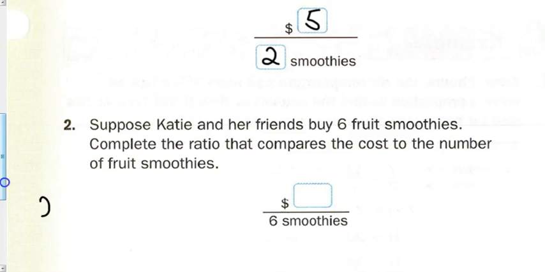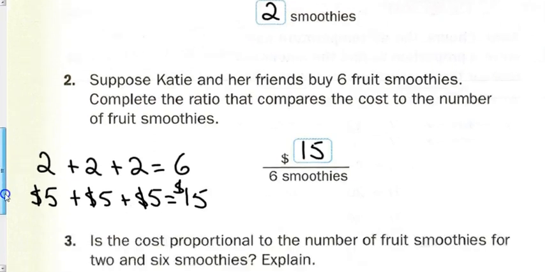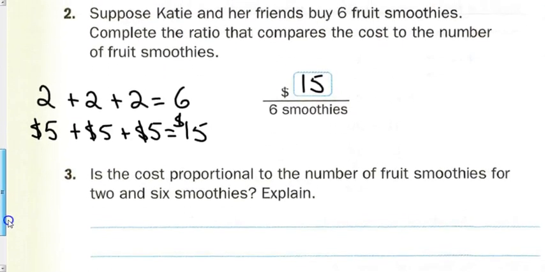Well, if we were to take 2 smoothies plus 2 smoothies plus 2 smoothies, that gives us 6 smoothies altogether. Remember, every one of these 2 smoothies is $5. So if we have one group of $5 plus another group of $5 plus another group of $5, we get $15. So it's $15 for 6 smoothies.